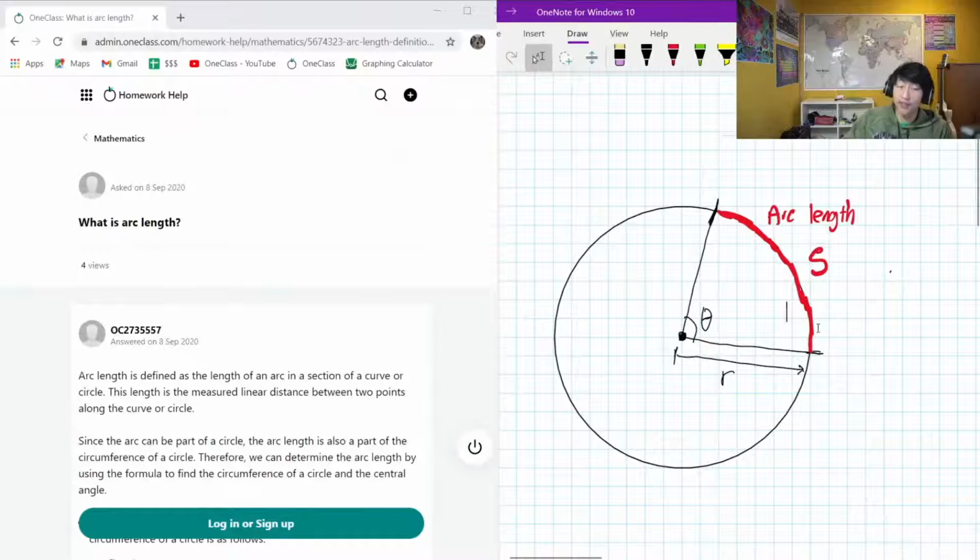So if you were asked a question like, if you're given a certain angle, what is the length of its arc?